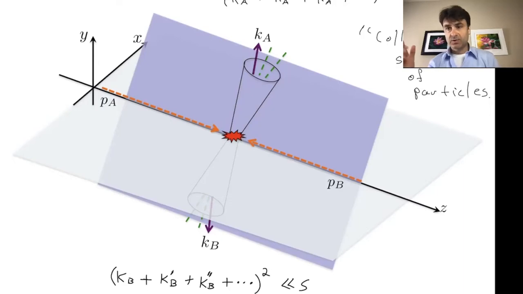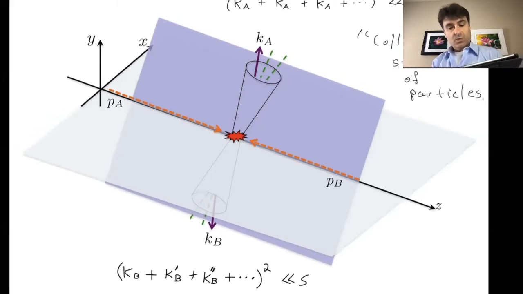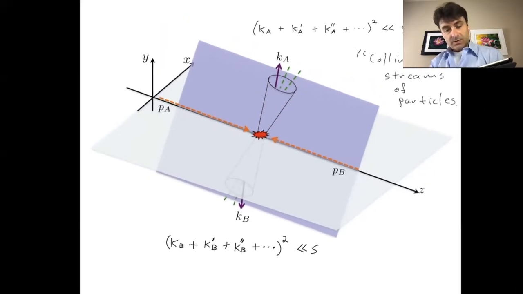Let's look at processes where there's a quark labeled with momentum Ka going out into the final state, and an antiquark labeled with the momentum Kb going out into the final state. But we're going to include all cases where other particles can be coming along very close to the direction of Ka and Kb. And that's represented by these green dashed lines here.